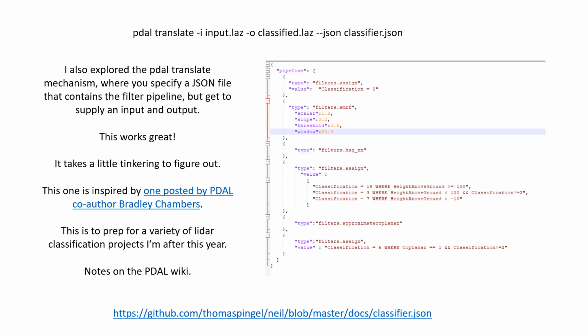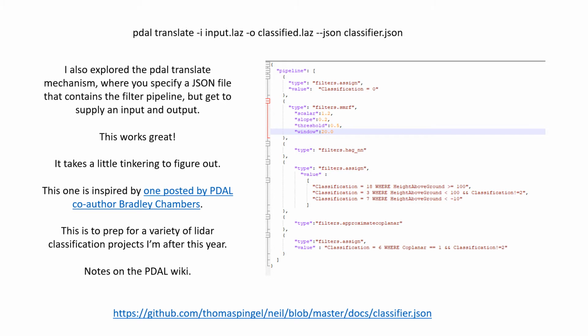So this is an example of a classifier that I wrote that consists of a couple of stages. The first stage assigns the classification values to 0, so it erases any previous classification. It runs through Smurf. It calculates the height above ground. Smurf will assign things as ground and not ground. With the height above ground calculated, you can assign values. I'm assigning an 18, which is high noise, anytime the height above ground is ridiculously high, so that's over 100.